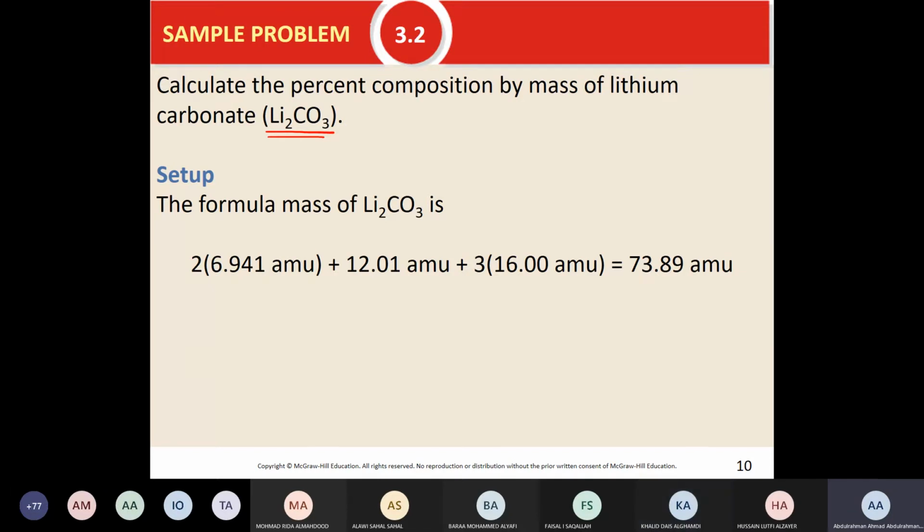So the mass of lithium carbonate is 73.89. What's the unit? AMU. Good. What's the mass of 1 mole of lithium carbonate? The same number, 73.89, but now we'll put gram. Is this clear? Yes, doctor.